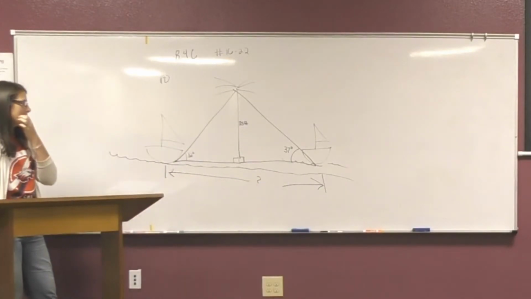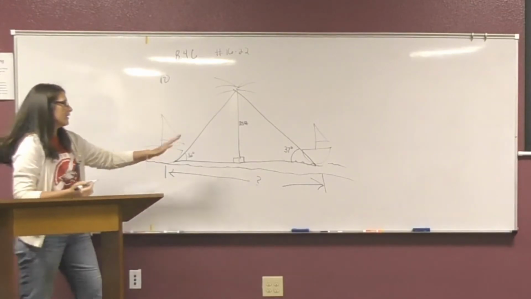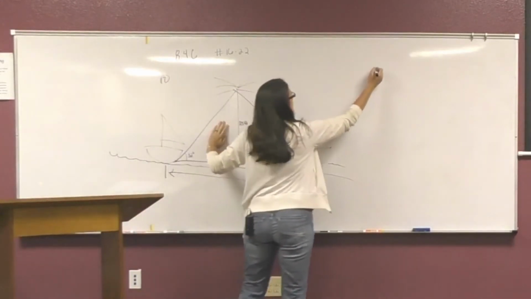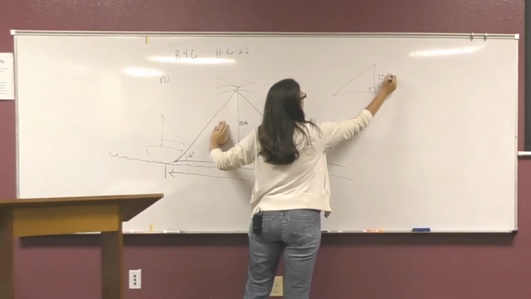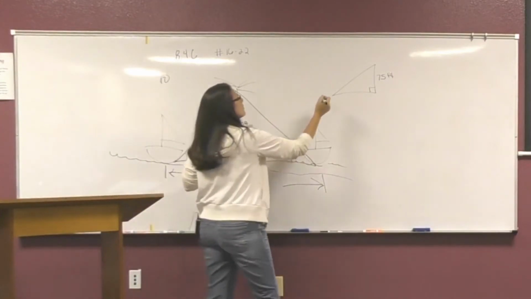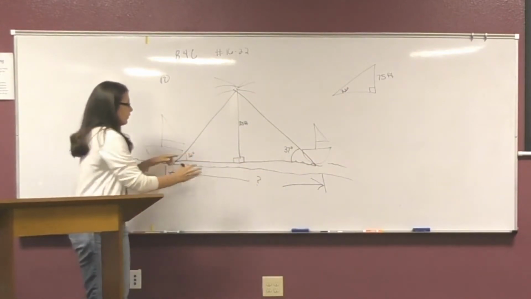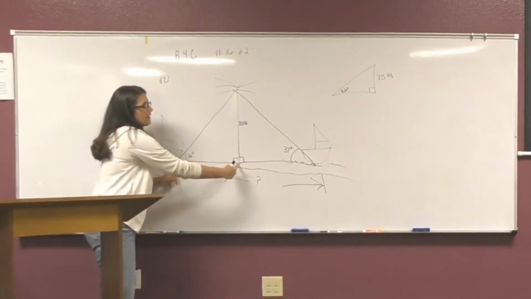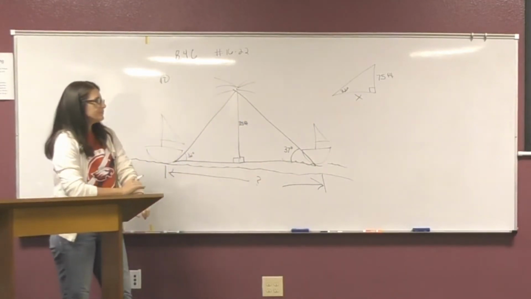That's how far apart they are. Okay, so let's just extract one triangle at a time. Let's take this one. This is my 75-foot lighthouse, and then here's my 32-degree angle. And I want to know this distance right here. Okay, so we're going to solve for that.